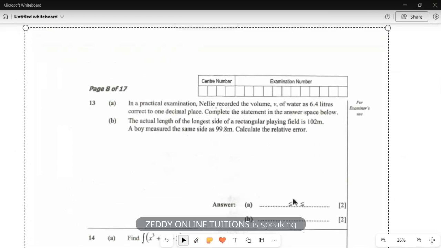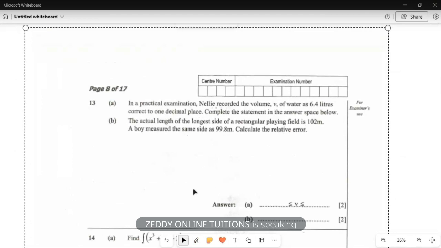Yes. So here we are being told, in short, that this person recorded this volume. Now we have to find the upper bound and the lower bound of this. But how are we going to find it?